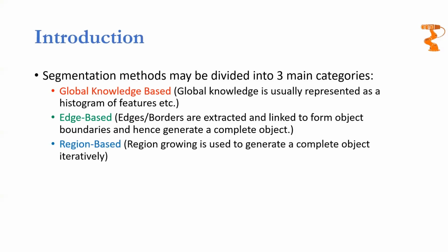There are certain techniques where we have regions that keep on growing until they find a different object. So the idea in region-based technique is like that. For example, you have an image like this, and there are different objects present, but obviously you don't know where the objects are and what is the size and shape of the objects.